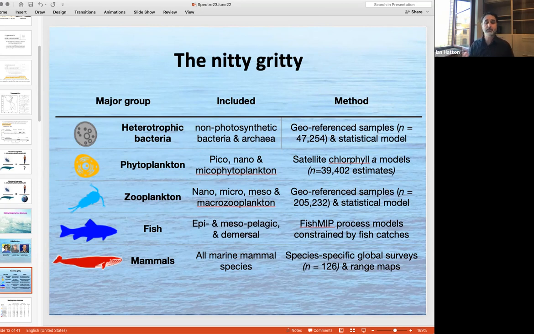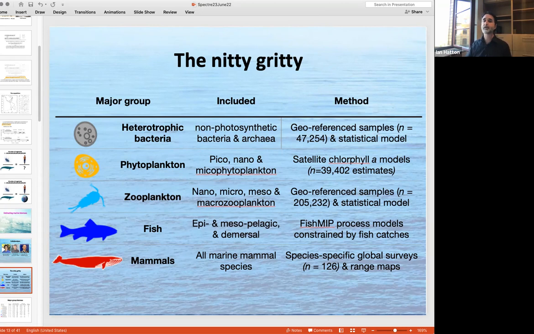For phytoplankton, we used satellite imagery of chlorophyll with empirical equations to convert chlorophyll to phytoplankton biomass. For zooplankton groups, there are several of them. We used 200,000 water samples and similar statistical techniques as for bacteria to again interpolate over the ocean.